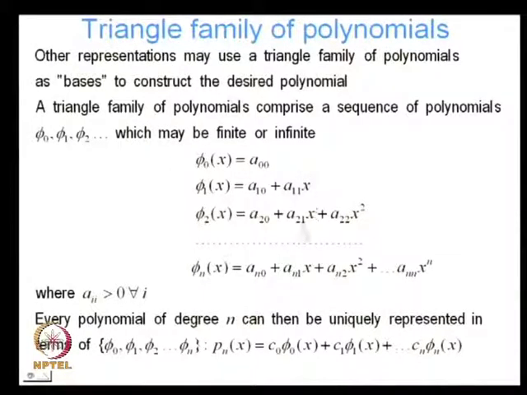Higher order elements involve more terms, right, p refinement, where we increase the order of the basis polynomials. So it's exactly the same idea. So every polynomial of degree n can therefore be represented in terms of these basis polynomials. P_n(x) is equal to c0 phi 0(x) plus c1 phi 1(x) plus ... cn phi n(x).